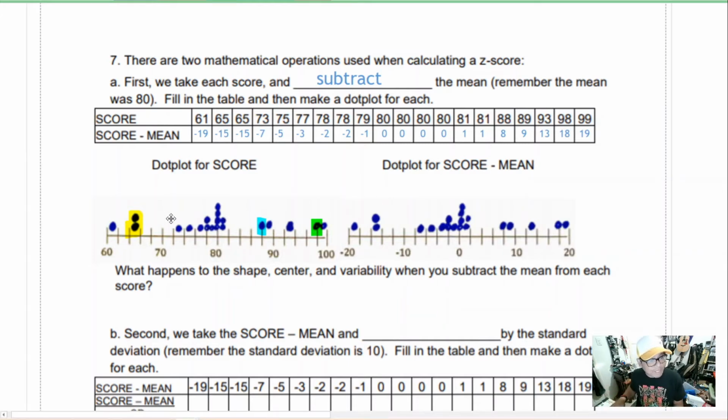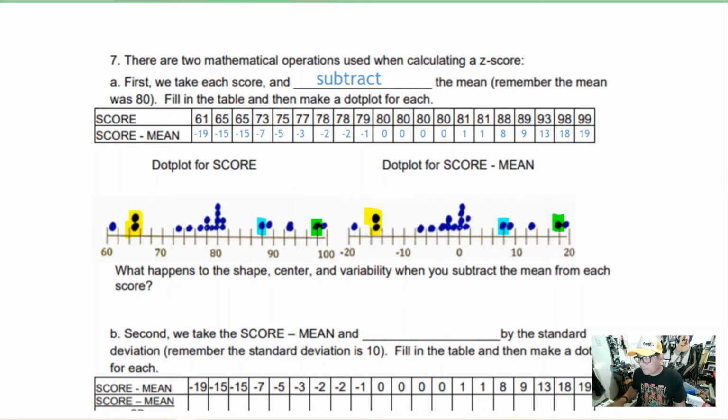Look at that. It's basically the same shape. Let's highlight again. Biff is still here at 65. Marty is still here at 88. But now Marty is at 8 above. And Goldie was once at 98. 98 minus 80 is 18. So here's Goldie. Basically the exact same positions as before.